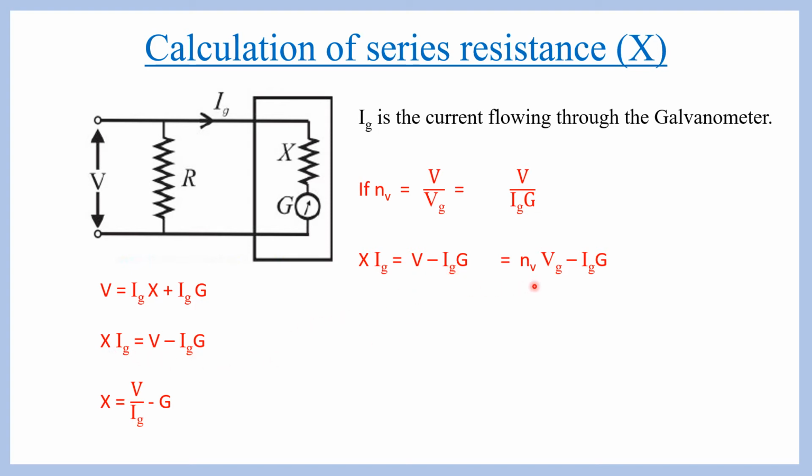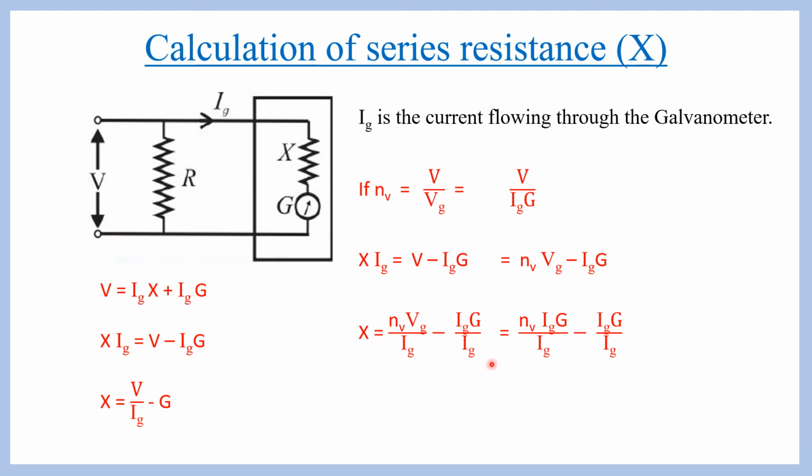So you will get V is equal to N_V times Vg, so N_V into Vg minus Ig into G. Simply substituting in this expression and solving this, you get Vg by Ig minus Ig into G divided by Ig. Here what we have done, we have kept only X on the left hand side and we have taken Ig to the right hand side.